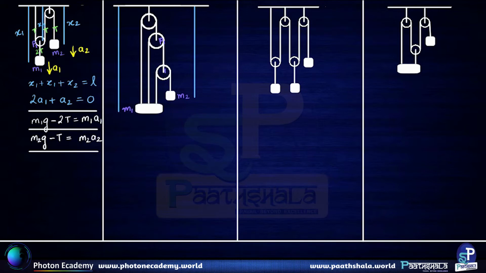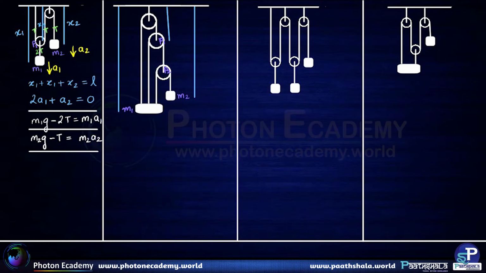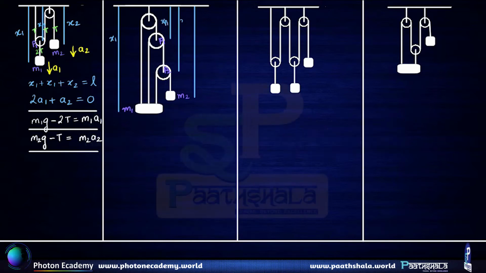The distance of pulley P1 from the rigid support we will take as xp1 and the distance of pulley P2 from the rigid support we will take as xp2. So this happens to be x1, this happens to be xp1, this happens to be xp2 and this happens to be x2.